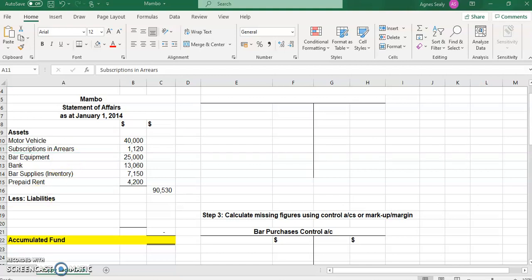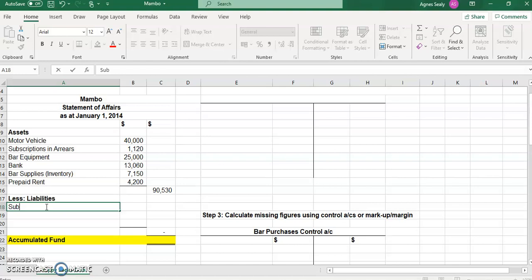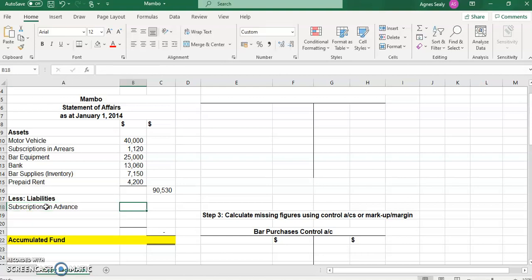So we have total assets of $90,530. So we're going to look at our liabilities. So our liabilities will be subscriptions in advance, because this is money that the members paid and the club has not yet provided the service for them.